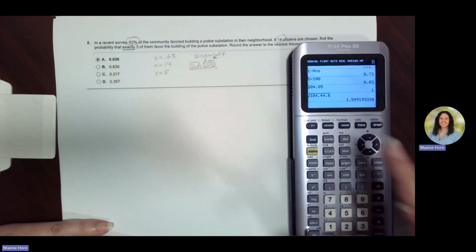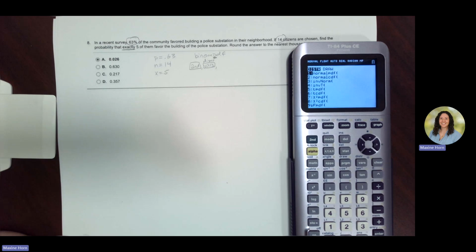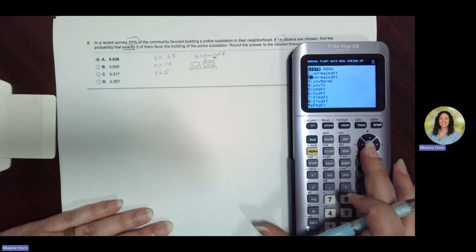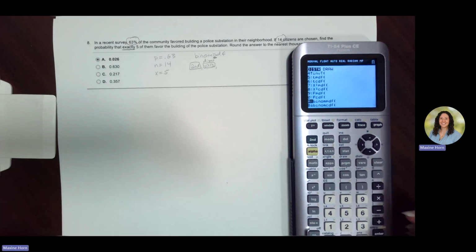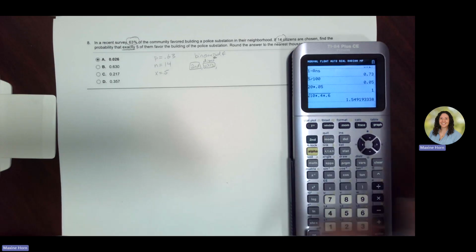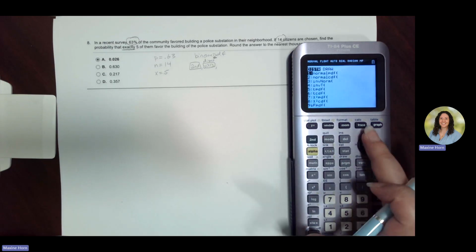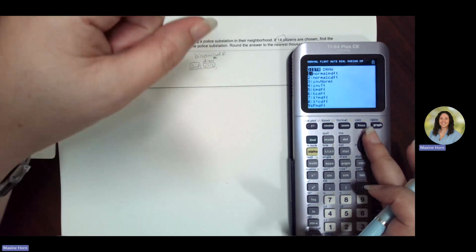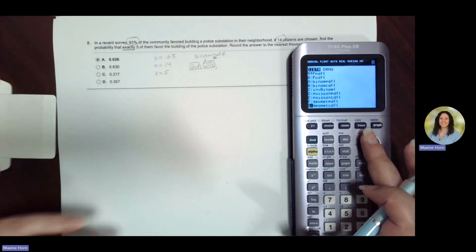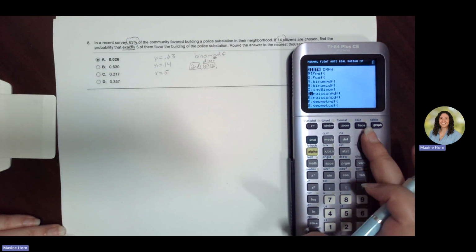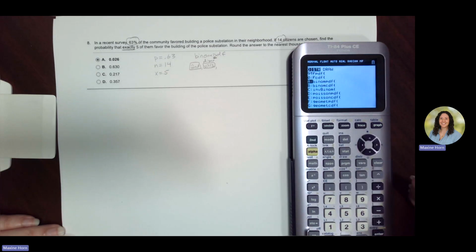So we go second vars, and then we're going to either arrow down all the way to A, which is binom PDF, okay? Or instead of arrowing down, I go second vars and I can arrow up, and when I go up, it starts down at the bottom of the list, and I have binom PDF.